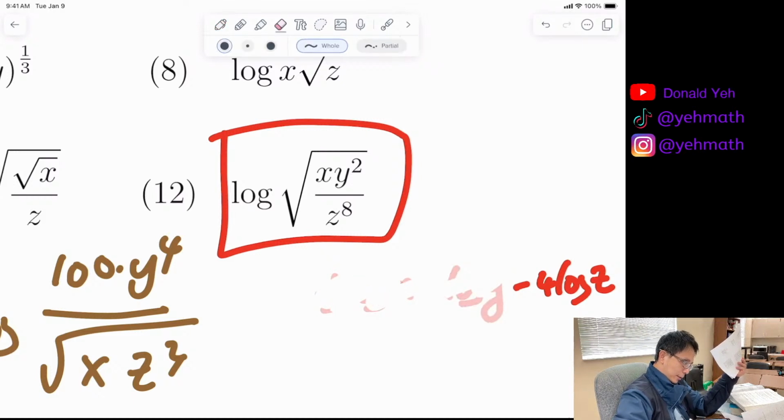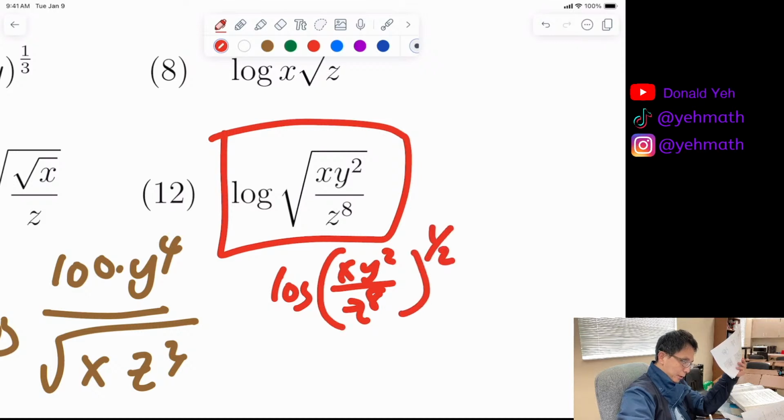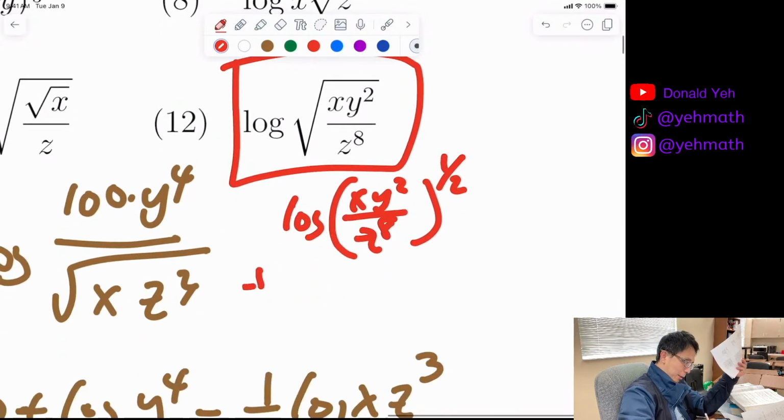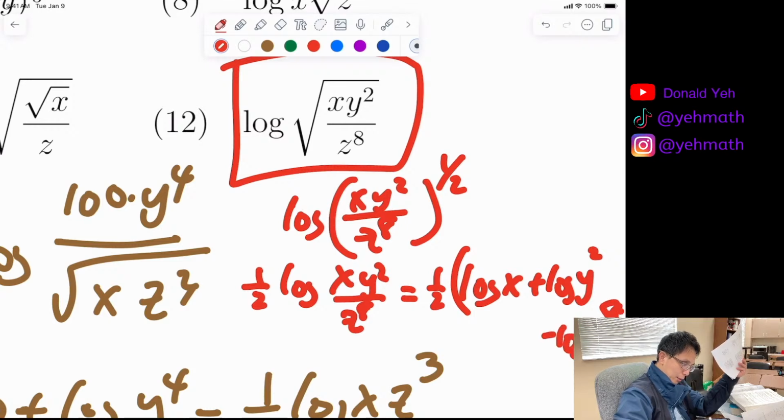Okay. First of all, let's take it one step at a time. So that's log of x y squared over z to the 8, all to the 1/2 power. Does that make sense? You can put it in the front. And that's equal to 1/2 log parenthesis x, right? Plus log of y squared, right? Minus log of z to the 8th.